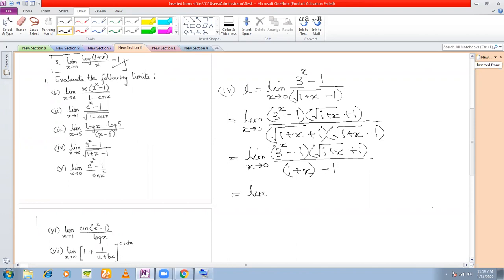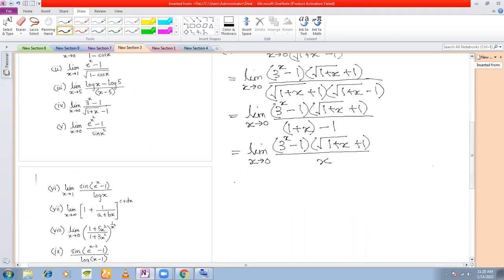You get limit x tends to 0. See here, 1 and 1 cancelled here. So you simply get limit x tends to 0, 3 to the power of x minus 1 into root 1 plus x plus 1 whole divided by x.